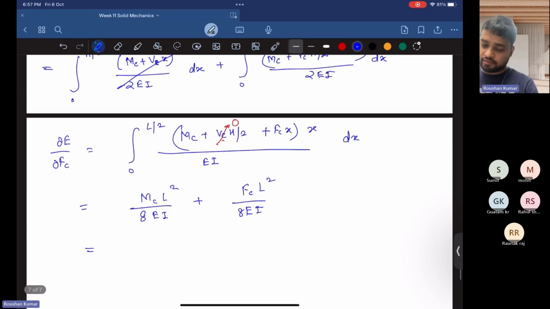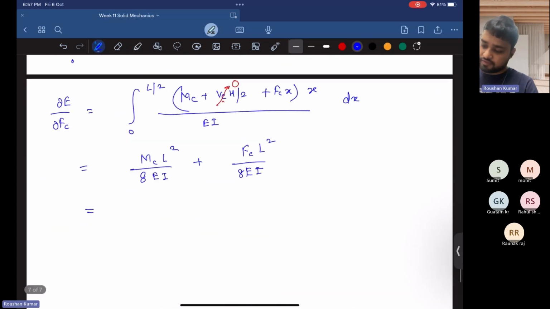And MC, we found the value of MC, which is minus PL square upon 8 EI. L plus 8 EI is already there, so 8 8 64 into L plus H into EI into L square, plus FC is P into L by 2.